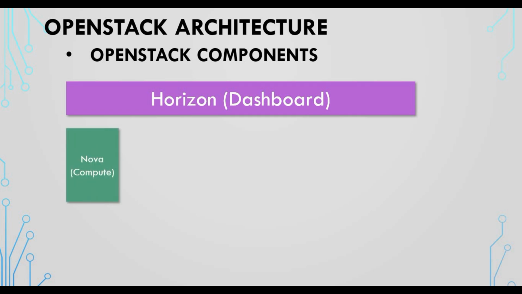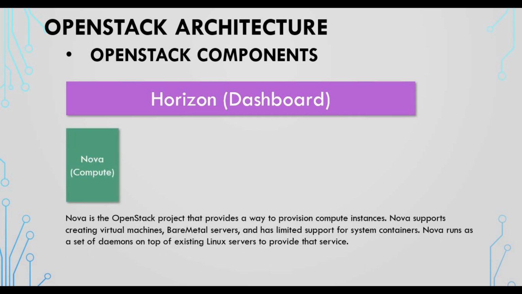Now let's talk about Nova, or the compute engine. Nova is the OpenStack project that provides a way of provisioning compute instances. What do you mean by compute instances? Like creating virtual machines, creating bare metal servers. It has very limited support for system containers, but mainly we are focusing on virtual machines and servers.